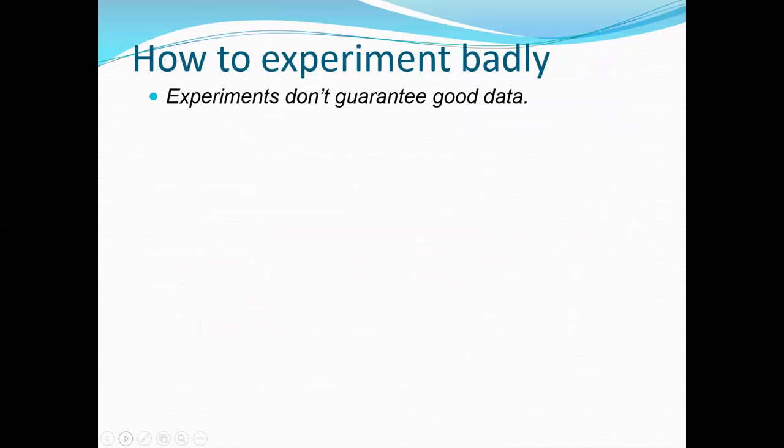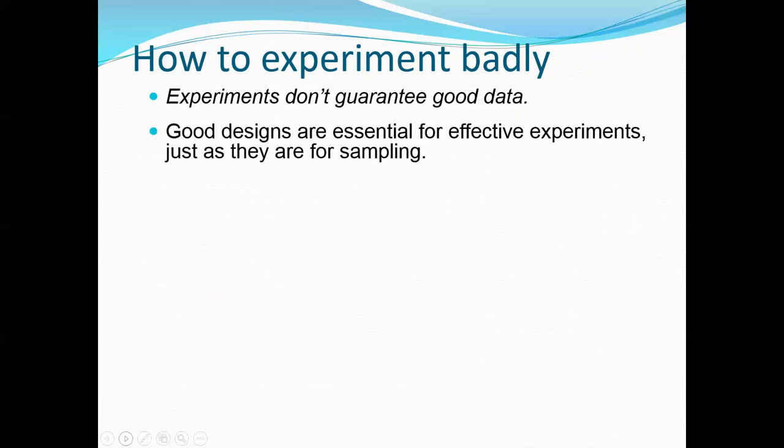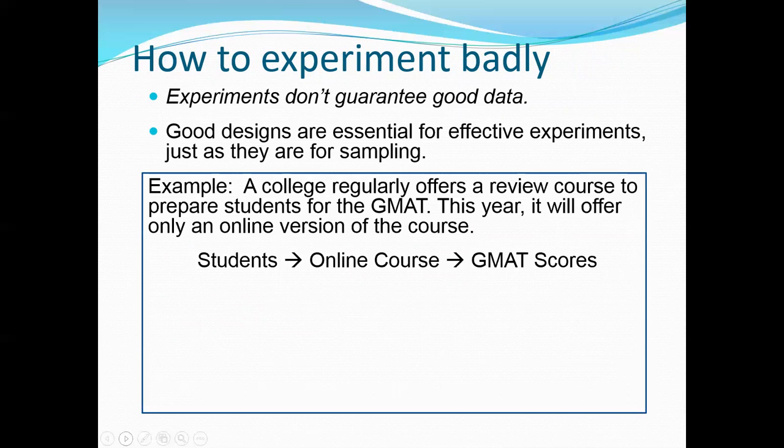How to experiment badly. Experiments don't guarantee good data. Good designs are essential for effective experiments, just as they are for sampling. Example: a college regularly offers a review course to prepare students for the GMAT.